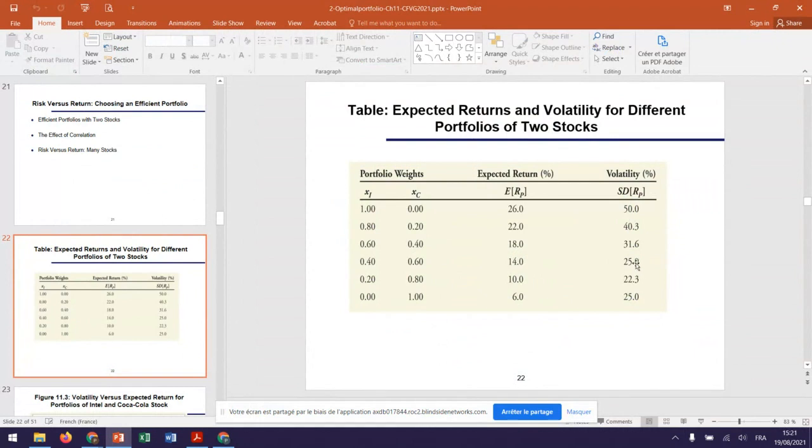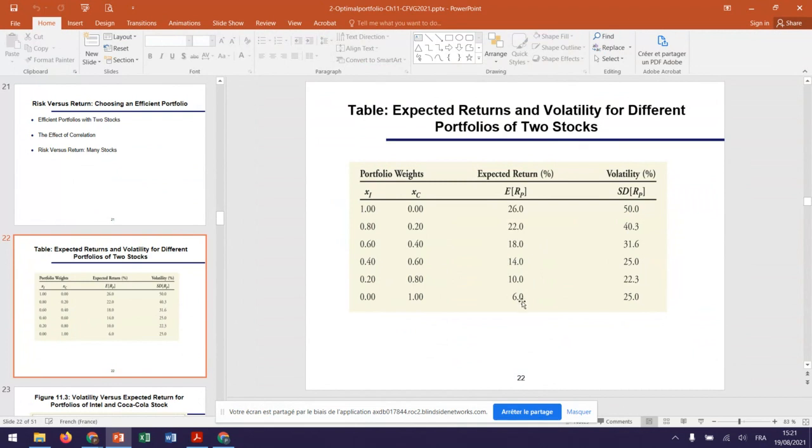If you look at portfolio number 6 and portfolio number 4, with the same level of volatility of 25%, portfolio 4 generates 14% expected return, whereas portfolio 6, where you put 100% in Coca-Cola, gets only 6%.